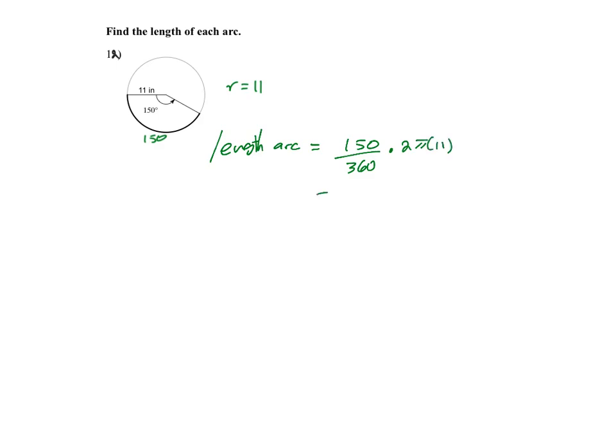Right? So this is the same as 5 over 12 times 22 pi. So I can simplify 6 and 11. So this is 55 pi over 6 inches.